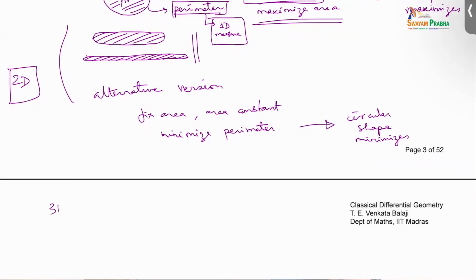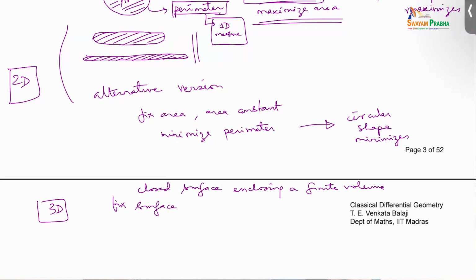So there also you have results of this type. Let me just write that down. The 3-dimensional version is you take a closed surface enclosing a finite volume, you fix the surface area of the boundary surface, and you maximize volume.